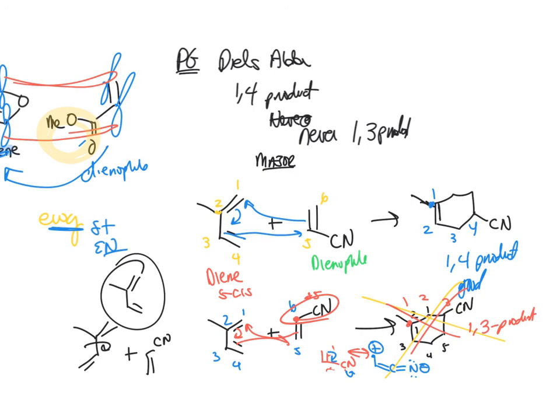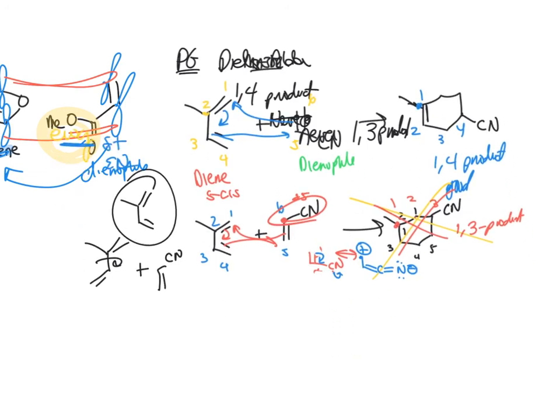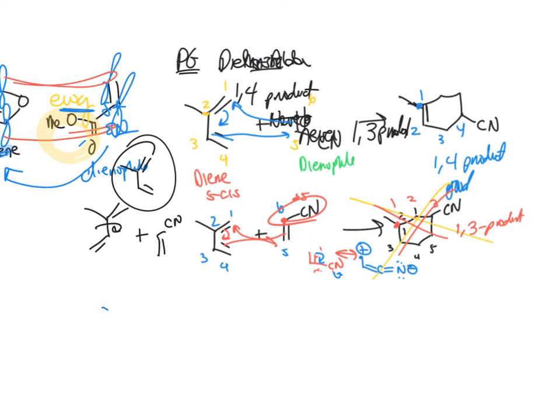So if you get something like this, you need to take that sigma bond and rotate it and line it up so it's in the S cis conformation, and then you need to align your carbon number 5 here.